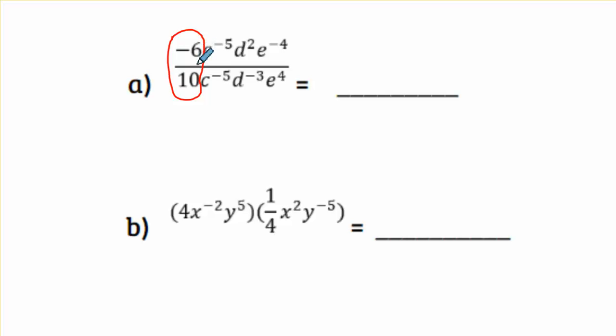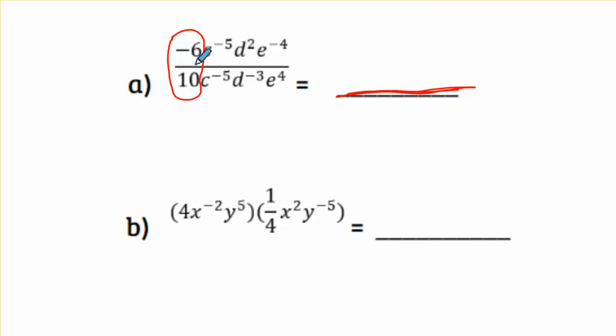So I want you to think about when you reduce -6 on the top over 10 on the bottom, just like you always have. What fraction does that become? The numerator would be on the top of this bar, and the denominator would be on the bottom.